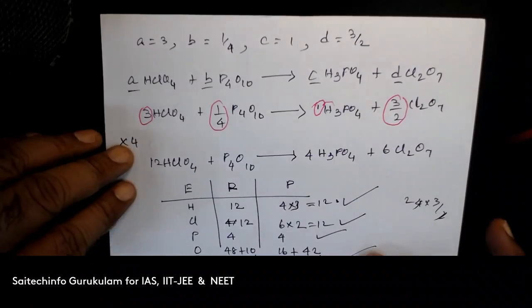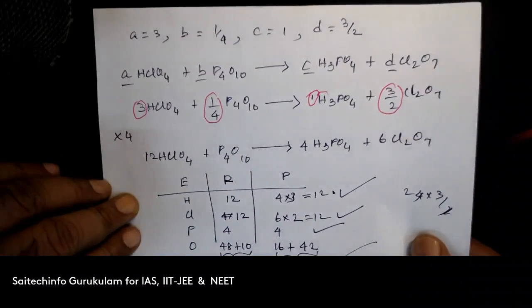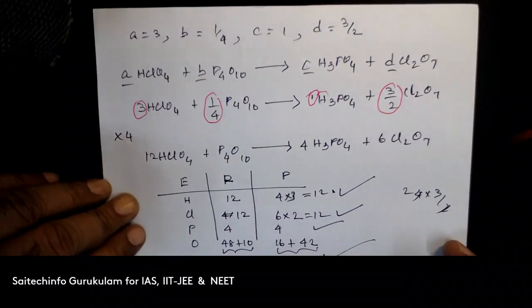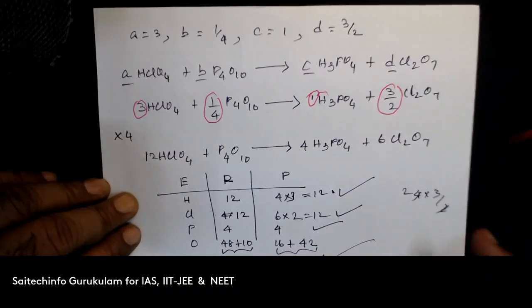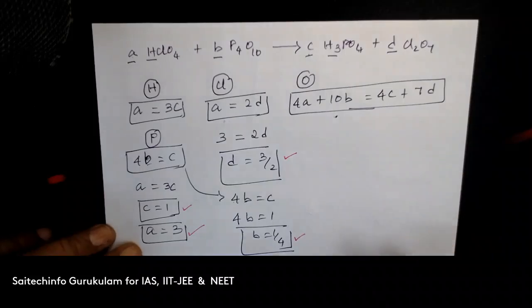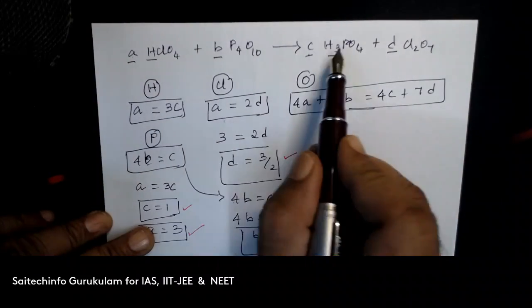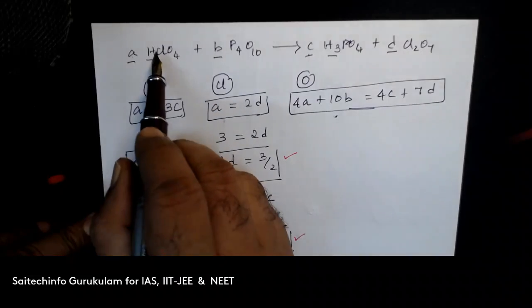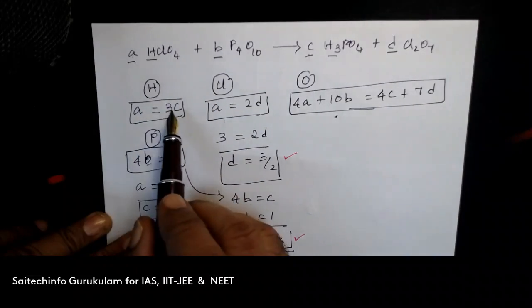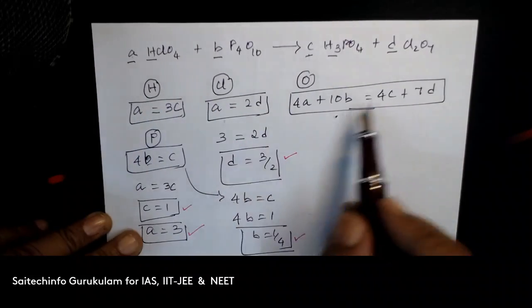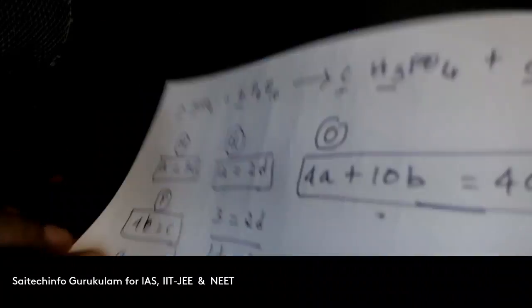So with the help of this algebraic method, you will be easily able to balance any chemical equation. What you have to do is put the coefficients A, B, C, D and arrive at the equations for each element, and substitute these values.